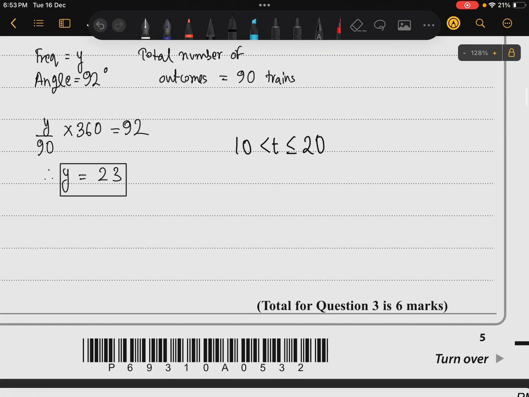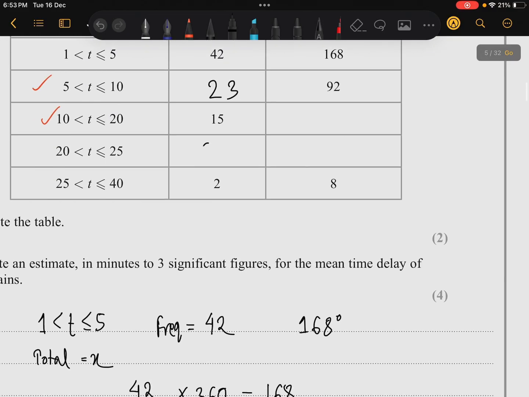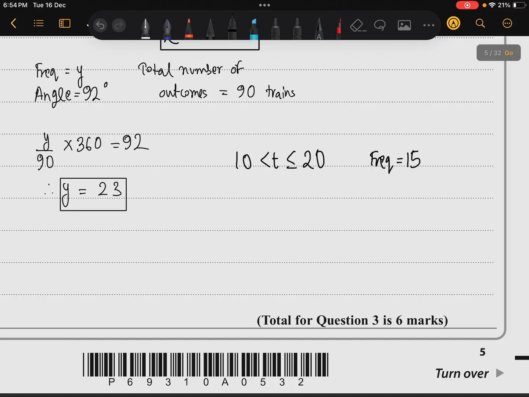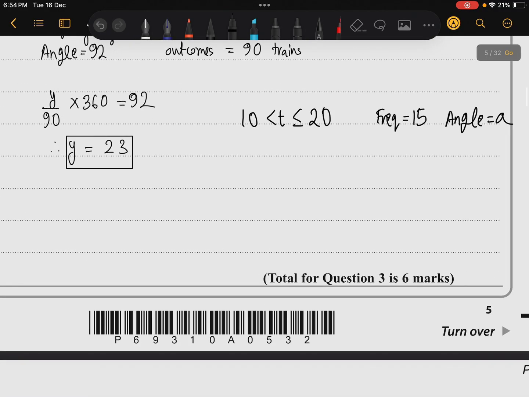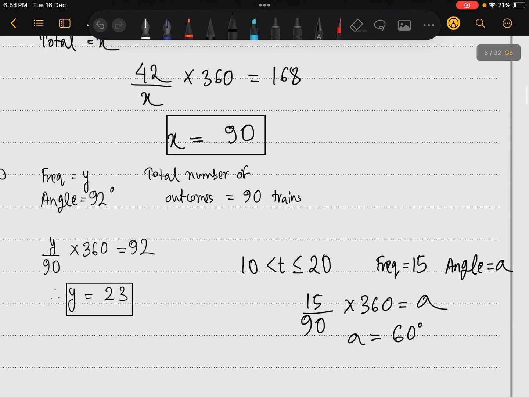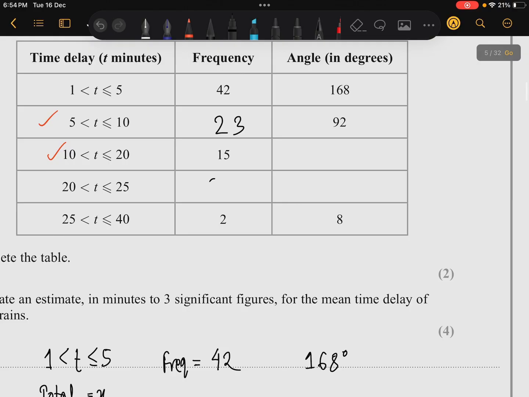So let's write down whatever piece of information we have. Frequency is equal to 15. The angle is something we do not know, so we have to find the angle. So let's consider the angle as A, and 15 divided by 90 into 360 is equal to A. This is going to be 60 degrees. Okay, so this is going to be 60 degrees.